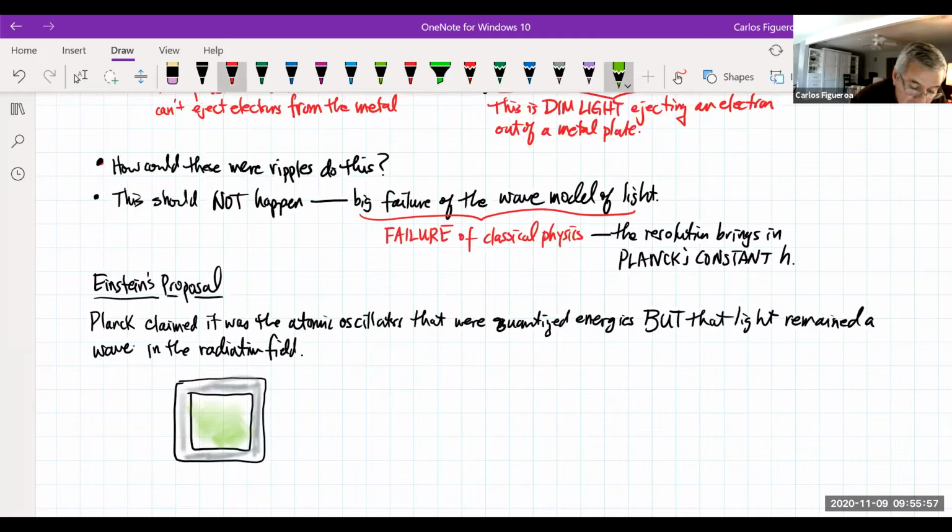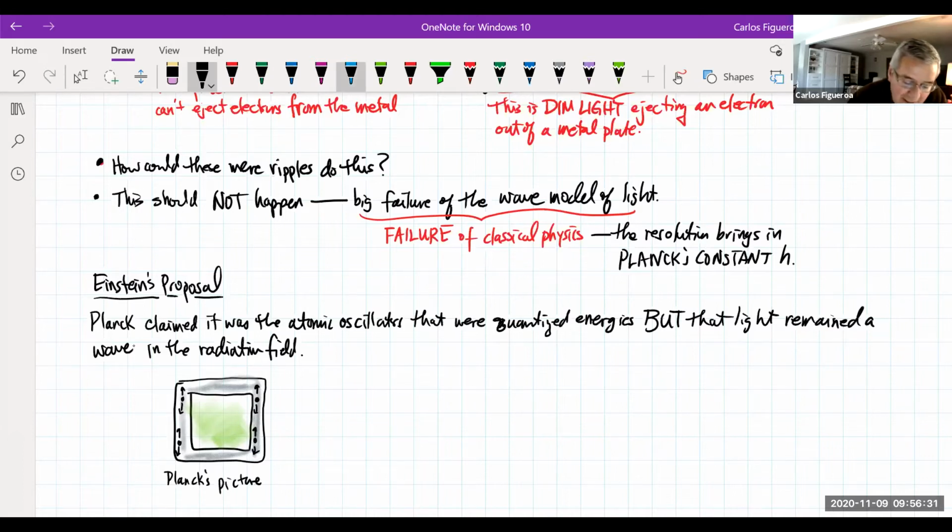So in the walls here, I have oscillators. As the oscillators vibrate, they emit and absorb energy in quantized states.